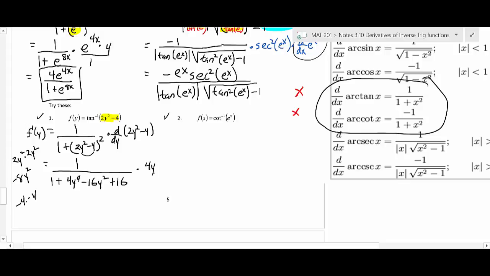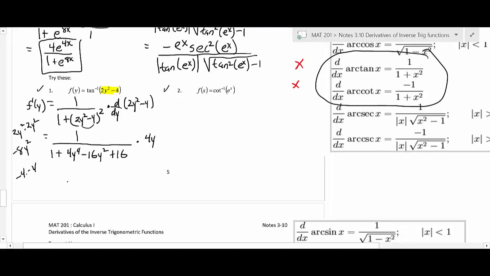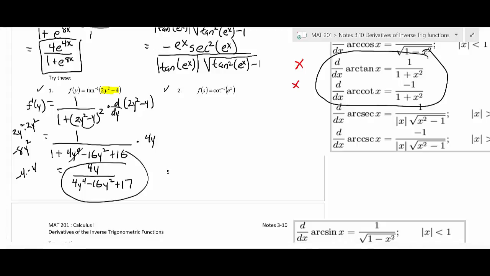Now if you left that alone and didn't square it, it doesn't really make that much difference on this problem because I don't think you're going to have any simplification anyway. So I'm just going to write the answer as 4y over, combining the like terms, 4y to the fourth minus 16y squared, and then 16 plus 1 is 17, like that. Okay, well, that's it. That's what you do. Chain rule. Does that look okay?